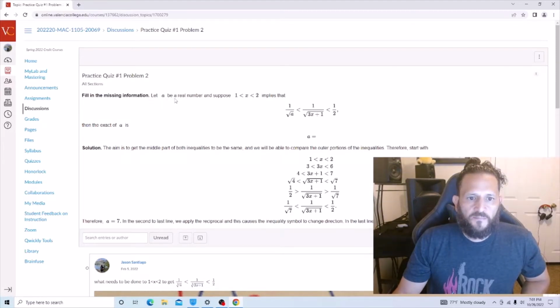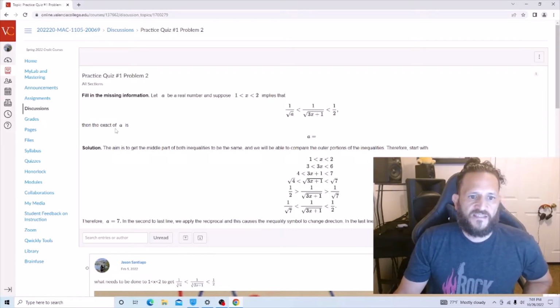Let A be a real number and suppose 1 less than x less than 2 implies that 1 over the square root of A is less than 1 over the square root of 3x plus 1 less than 1/2.